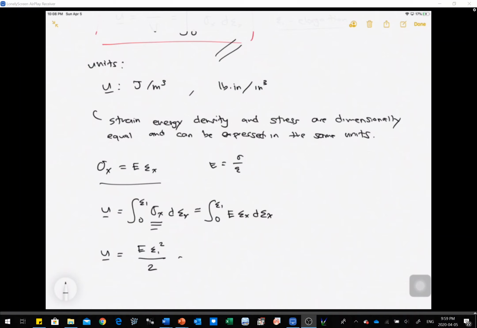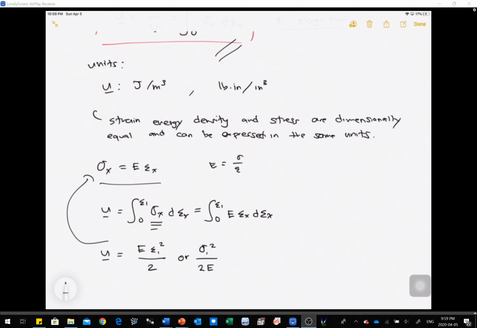Or we can say that our strain energy density is equal to sigma 1 squared divided by 2E. Again, it's just working with the equation using this one right here.